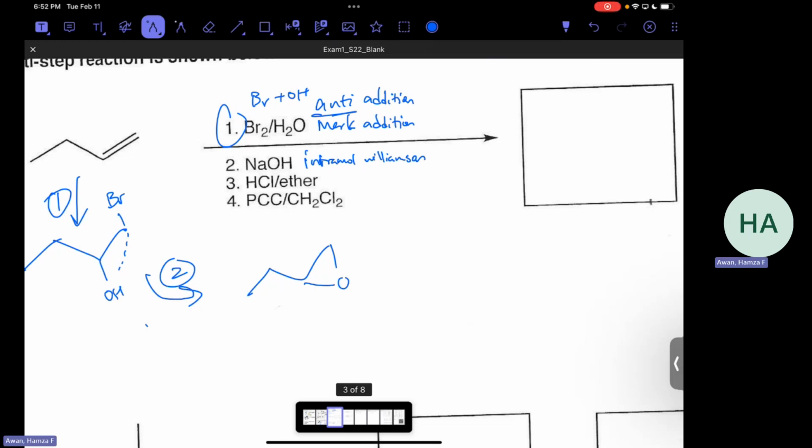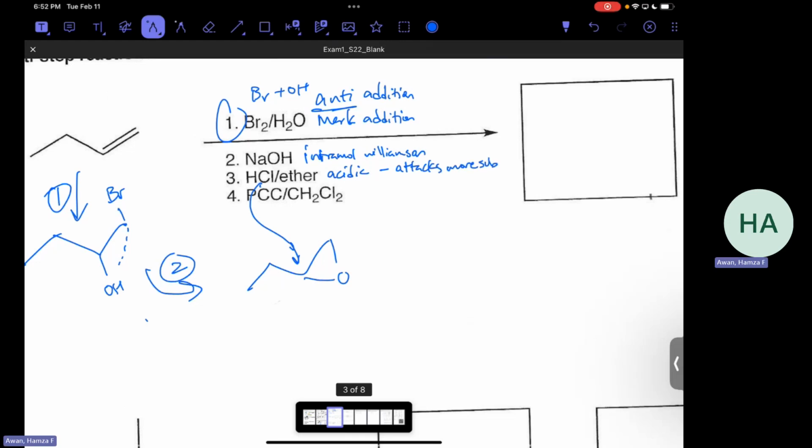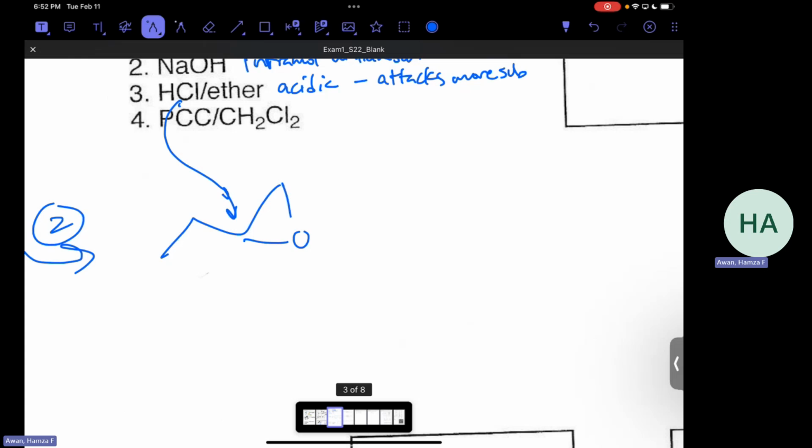And then third one, HCl ether. So remember, HCl is an acid, right? So we have an epoxide, so we do have to make sure that we look at the acidic conditions. Whenever we have an HCl ether, this is an acidic reaction. And what that's going to do is attach the Cl onto the more substituted side because acidic attacks more substituted.